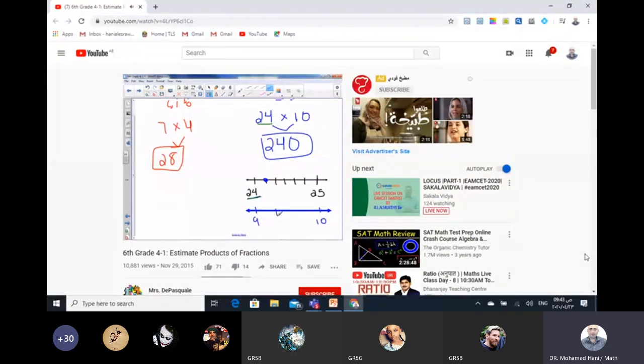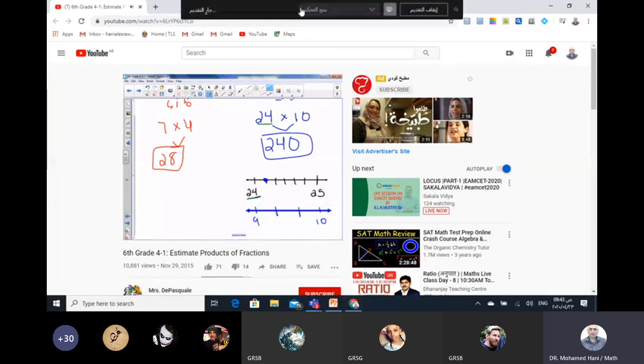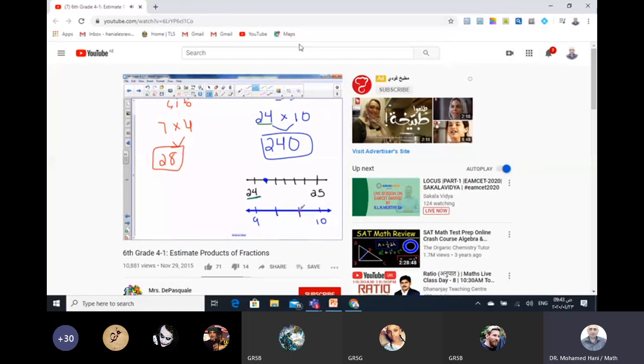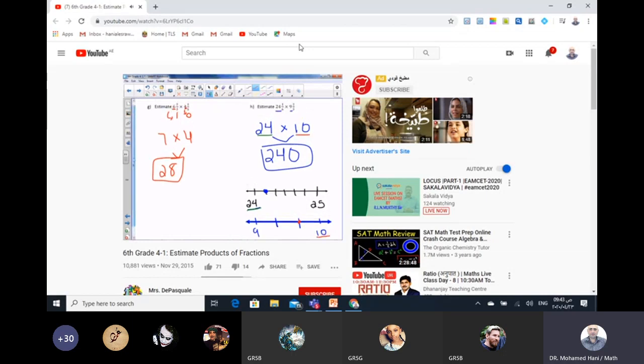We have to break it up into thirds. So this would be 1/3, 2/3, and of course 3/3. 9 and 2/3 is over here, and it's closest to 10. Therefore, we rounded it up to 10. So if it helps, take a look at a number line to help you decide how to round it.